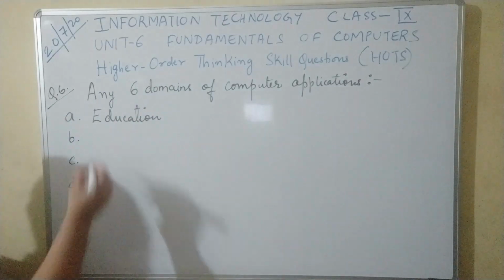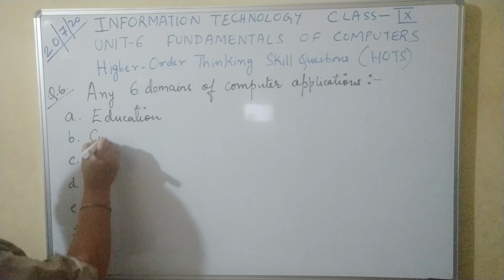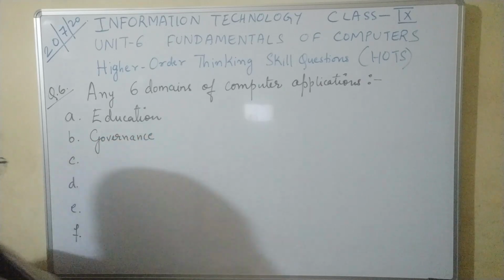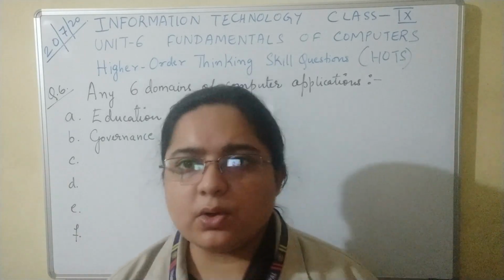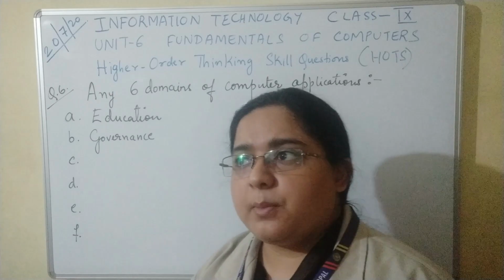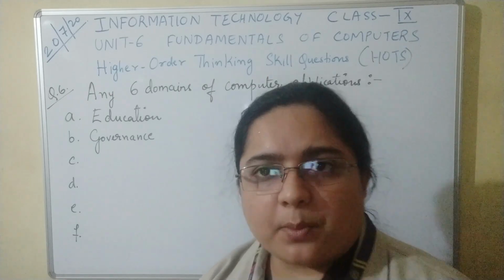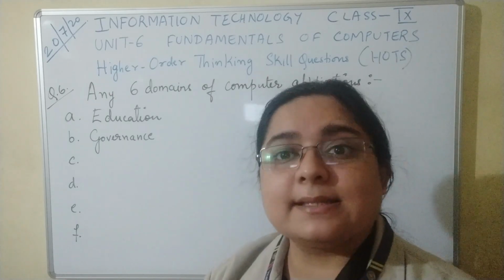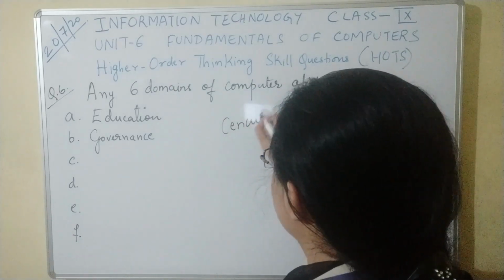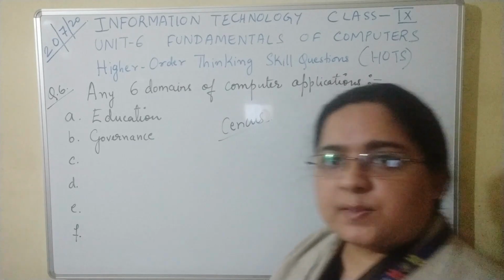Next is governance. The government of the country also uses computers extensively for performing all the varied types of operations, like for managing the census information. You might have heard about what is census, that is population.